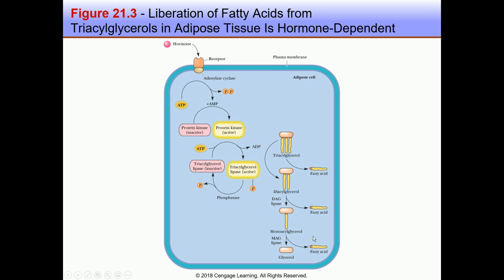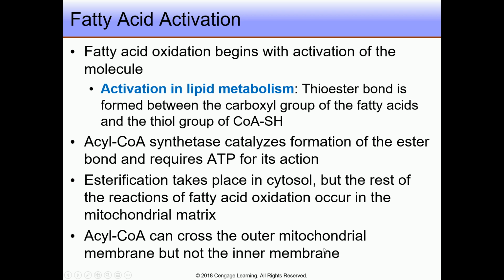From monoacyl glycerol, with the help of the enzyme monoacyl glycerol lipase, the last fatty acid is also liberated, and it results in the formation of fatty acid and a glycerol, and then these fatty acids can enter into beta oxidation.